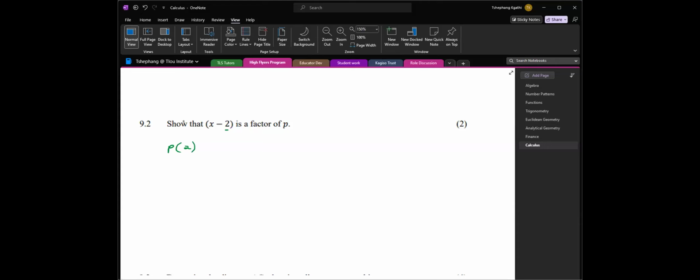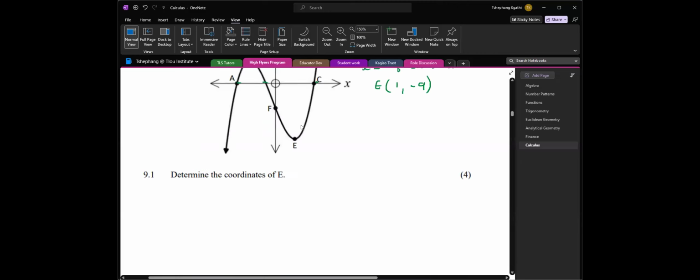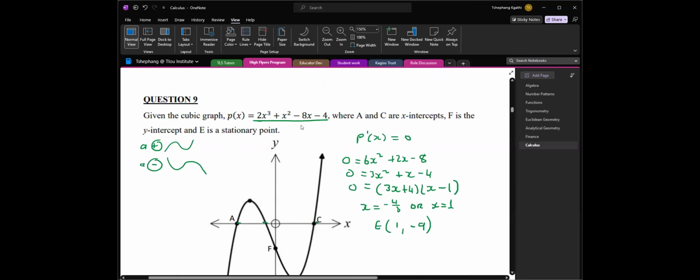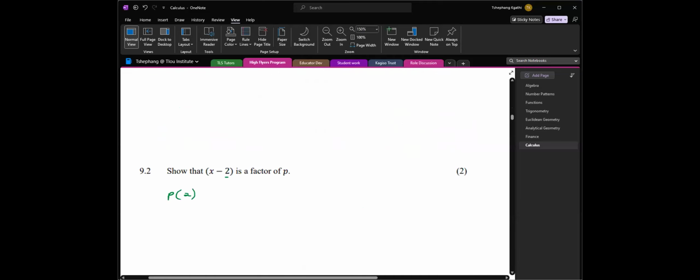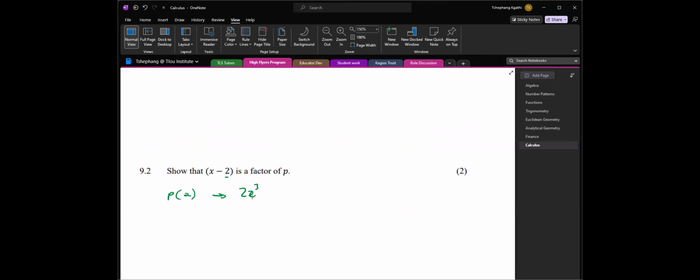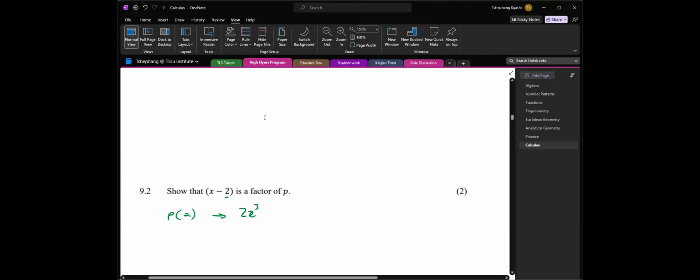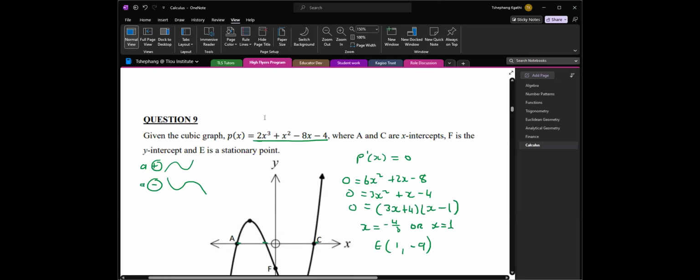So let's find P of 2. I'm going to go back to this: 2x to the power of 3.